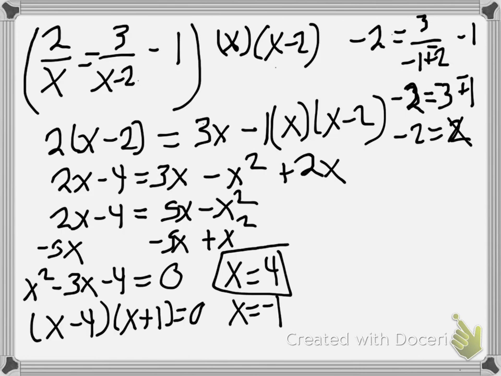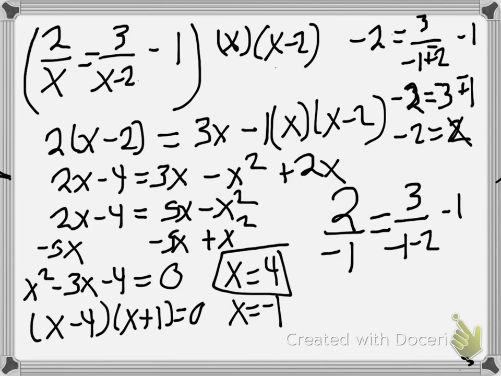All right, we get x equals negative 1, so I got 2. Oops. 2. What are you doing? Two over negative 1. That's okay. Is equal to 3 over negative 1 minus 2 minus 1. 2 over negative 1 is still negative 2.